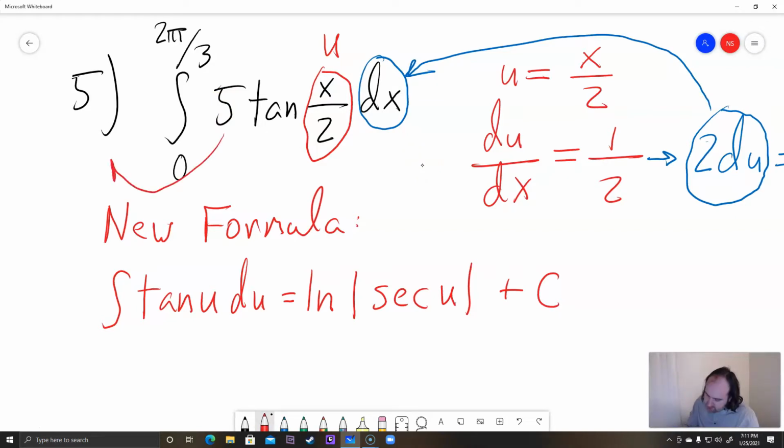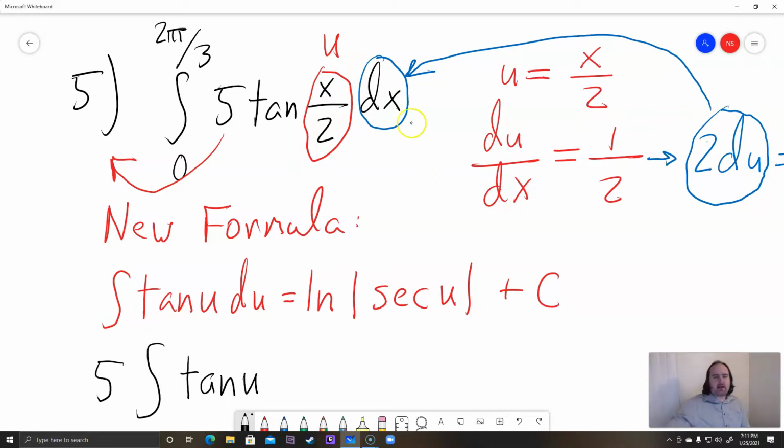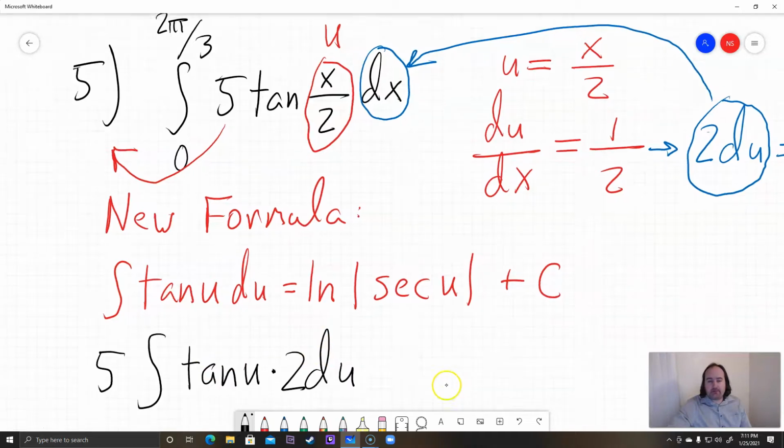Then what I'm going to have left is 5 times the integral of tangent of u, because x over 2 was our u here, and dx we're replacing with 2 du. So we're going to have 5 times the integral of tangent of u times 2 du. And once again, because the 2 is a constant, we can also bring that out front.